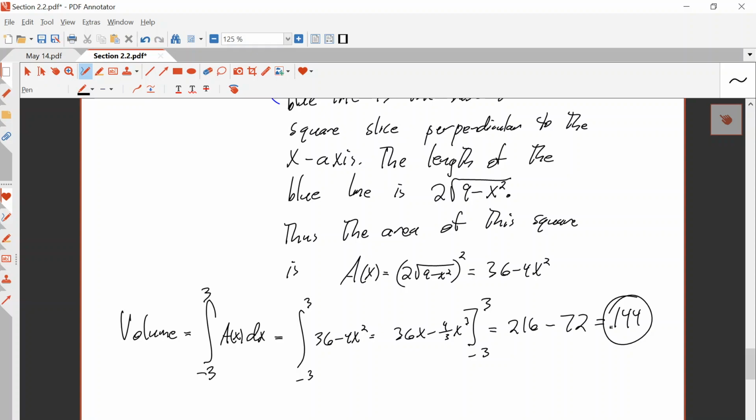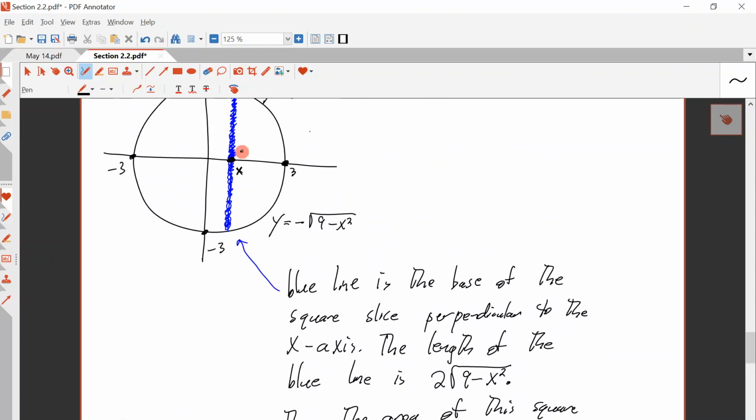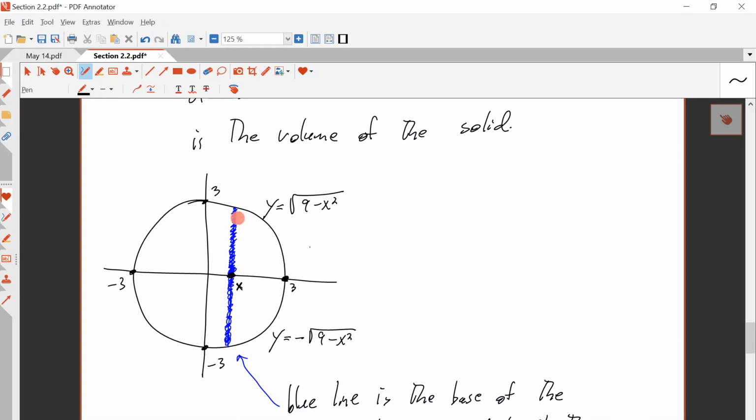So that example uses precisely the definition. I've got a solid, and I just determined what the slices are, and it tells me what those slices are shaped like. I determine the area of that slice. So this is the base of that solid. This is the slice perpendicular, that's one side of the slice perpendicular to that base, and it's a square.